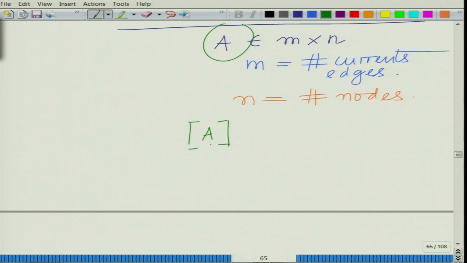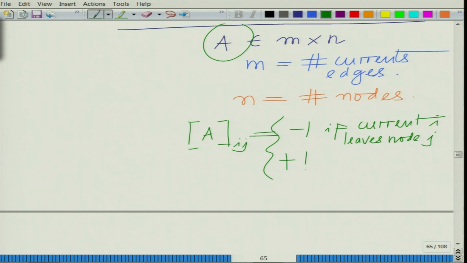We have Aij equal to minus 1 if current i leaves node j, Aij equal to plus 1 if current i enters node j, and else, if the current i neither leaves node j nor enters node j, it is equal to 0, right.